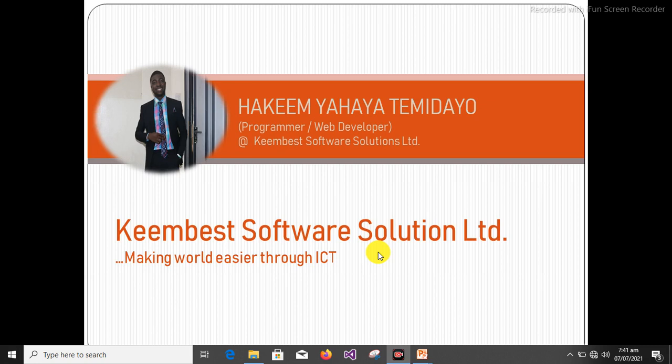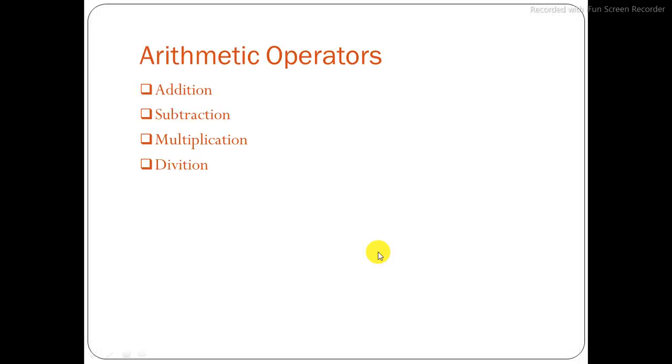In this tutorial, we are going to learn arithmetic operators, which include addition, subtraction, multiplication, and division. These arithmetic operators are the most commonly used operators in programming, though there are some other arithmetic operators like the modulus and the rest.